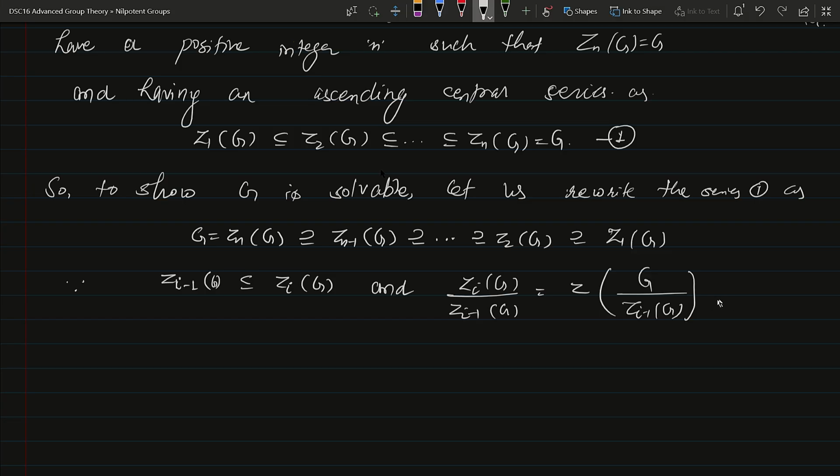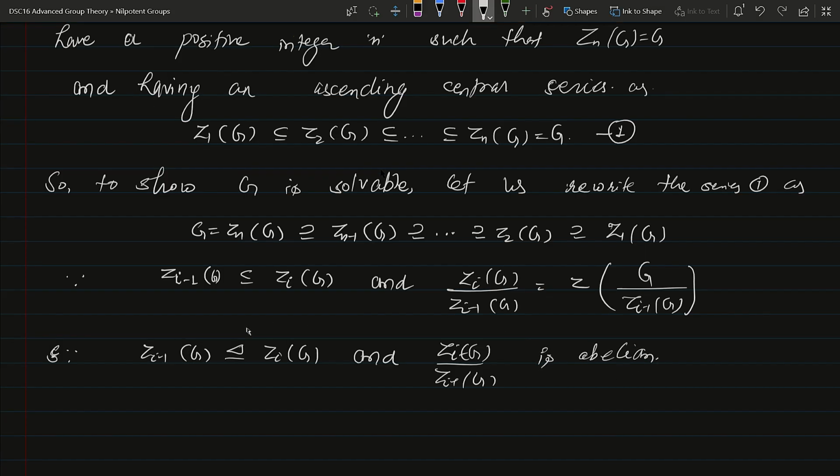Therefore Z(i-1)(G) is normal in Zi(G), and Zi(G) over Z(i-1)(G) is abelian.